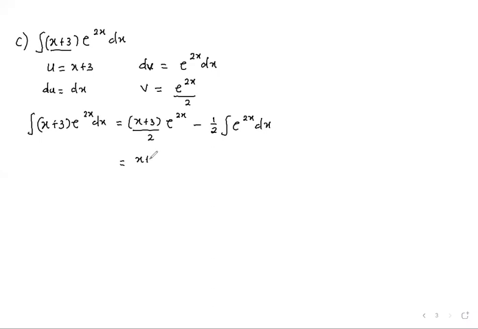And then we integrate that piece there. So the integral now would bring 2 down, so we'll just say 1 over 4 e to 2x plus the constant c.